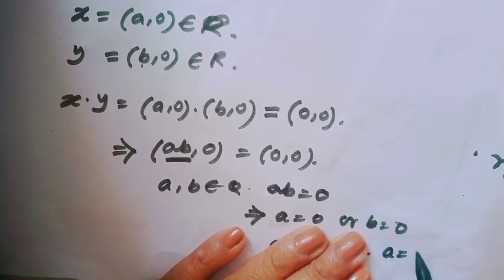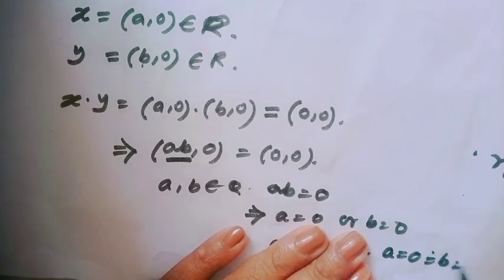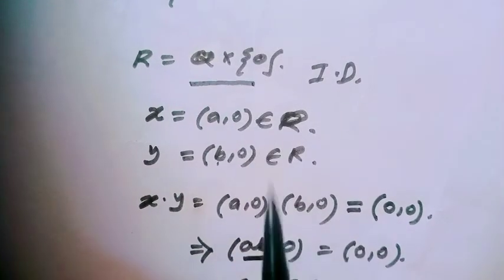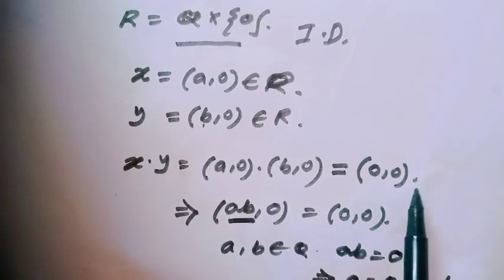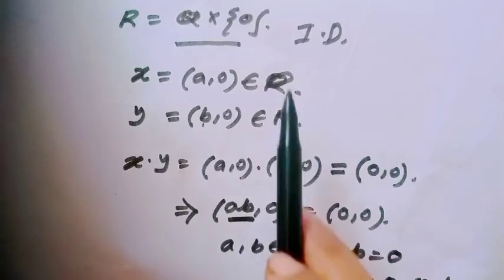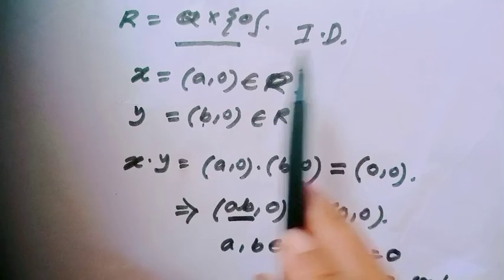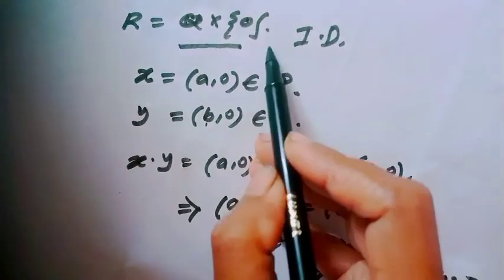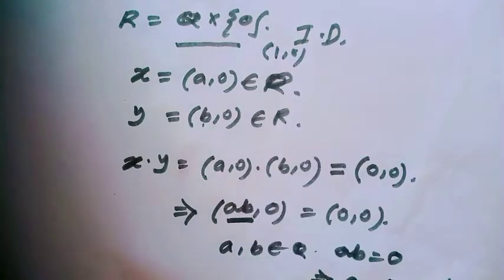That means this ring has no divisor of 0. Therefore this ring is obviously an integral domain, because it is a commutative ring with identity (1, 0).